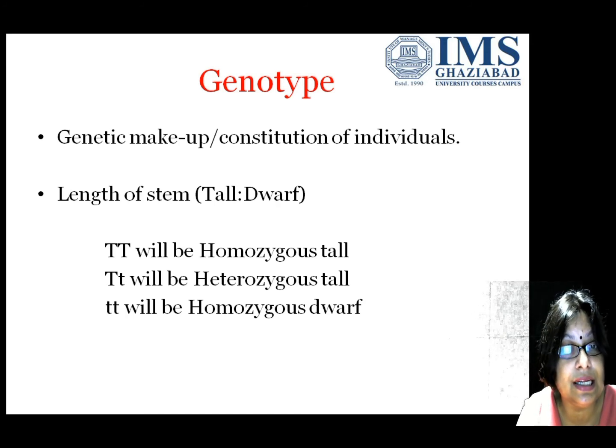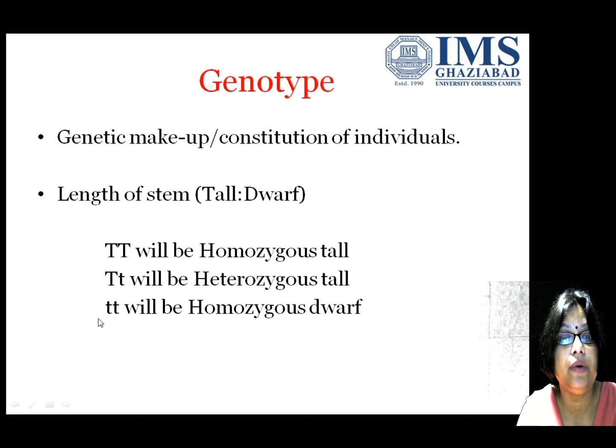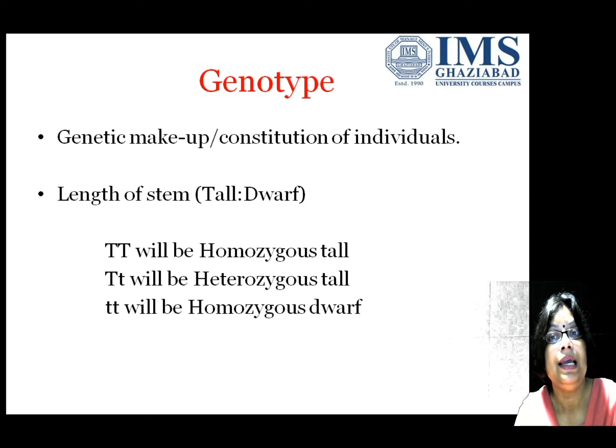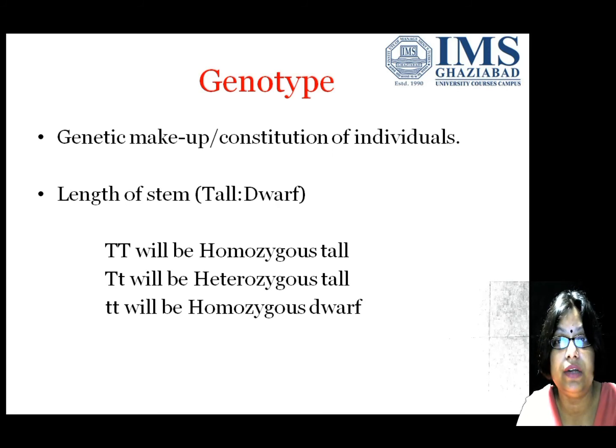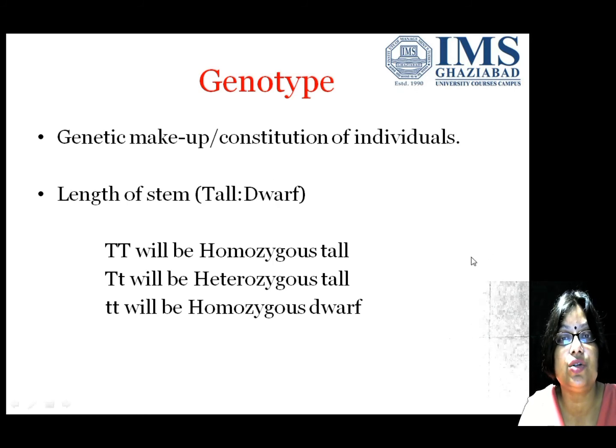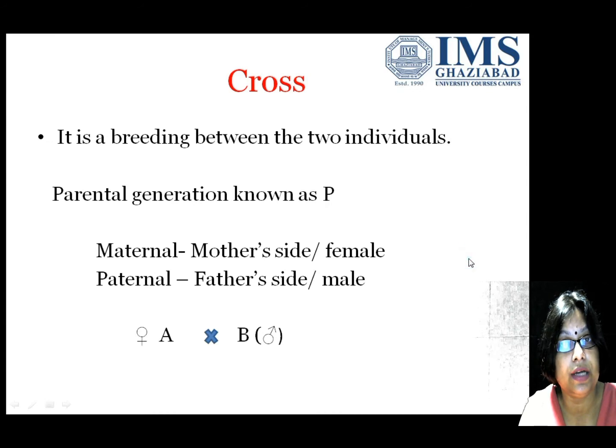When capital T, small t is present, it is heterozygous tall, and when small t small t is present, it will be homozygous dwarf. This is showing the genetic makeup of the individual, how the genes are defining each and every characteristic of the individual, whether the genes are present along with its allele in the homozygous state or in the heterozygous state. It is shown with the help of genotype.